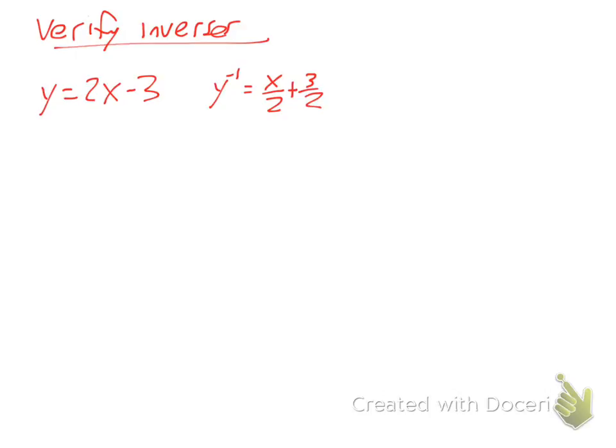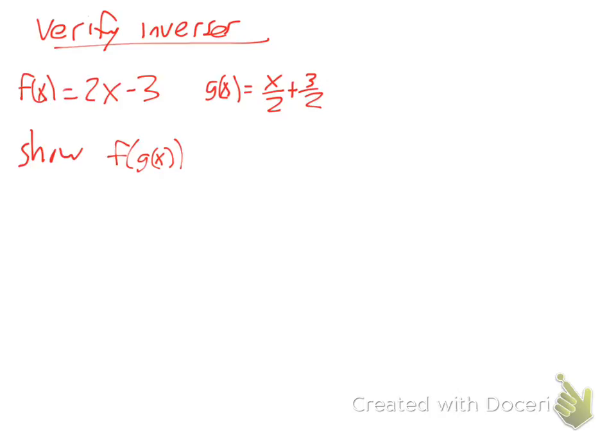Now, this is what's going to happen. You need to use composition. You need to show that, okay, I'm going to change up something here quick. One of them we're calling f of x and the other one we're calling g of x. We already determined that these are inverses because we found them. Let's verify it though. So to verify that they're inverses of each other, I have to use composition.